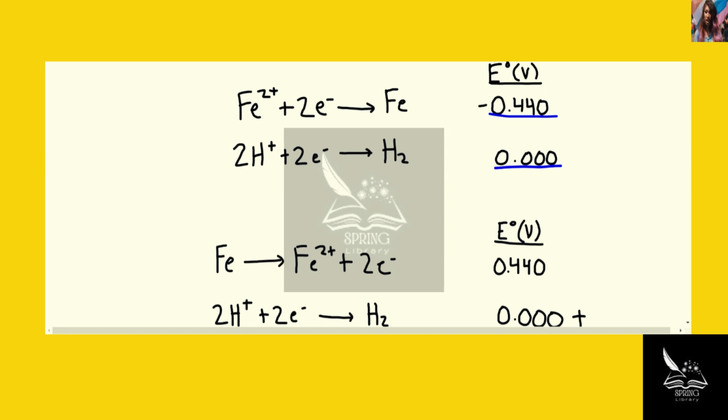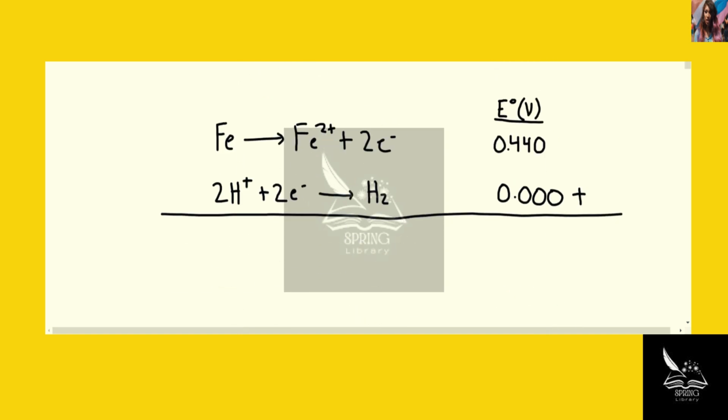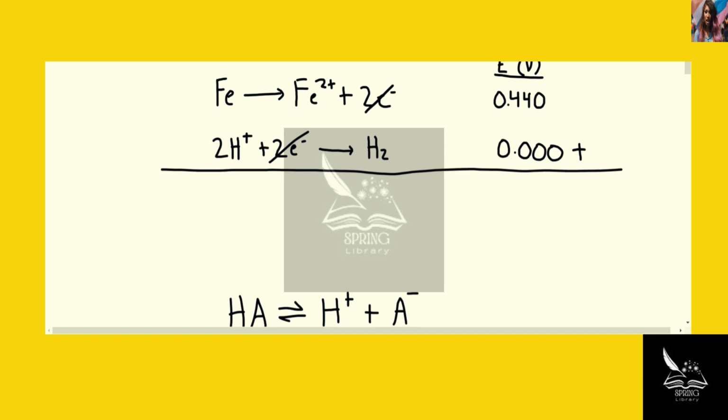So that means H plus will be reduced to form hydrogen gas, while we reverse the first reaction so that iron will be oxidized to Fe2 plus. And when we do that, we also have to reverse the sign of the standard reduction potential to be 0.440. When we rearrange the equations that way, we see that 2 electrons cancel out on either side.